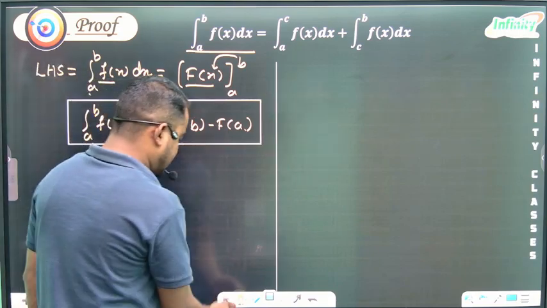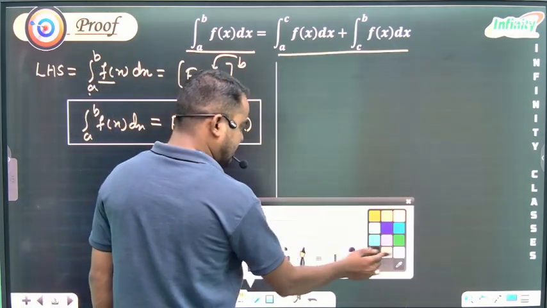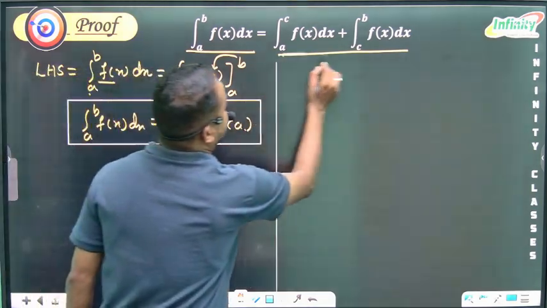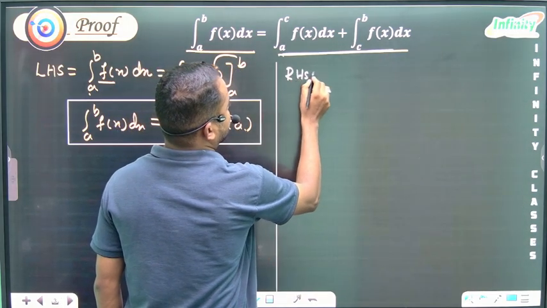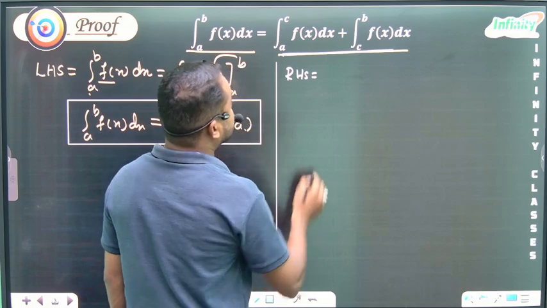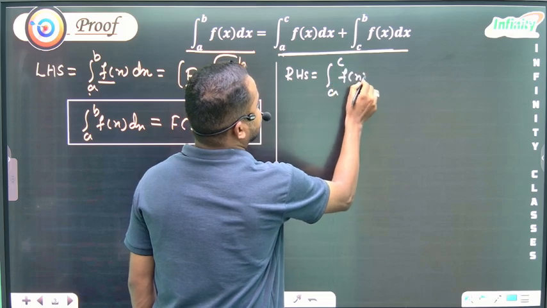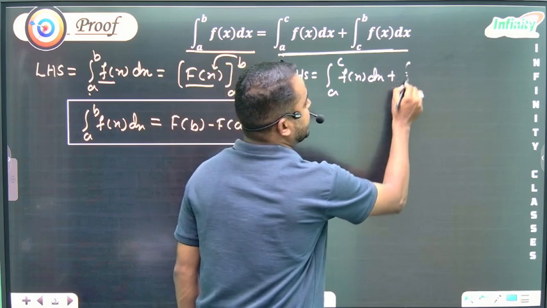Now moving to the next, what is the RHS part? RHS is equal to integration of a to c f of x dx plus c to b f of x dx.